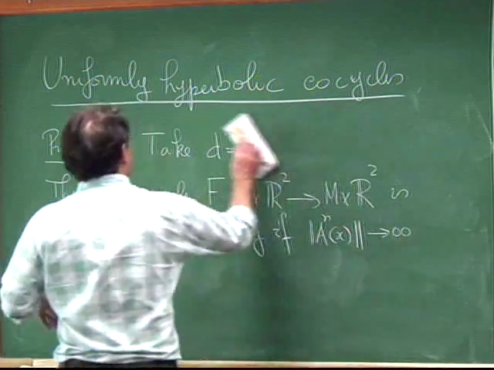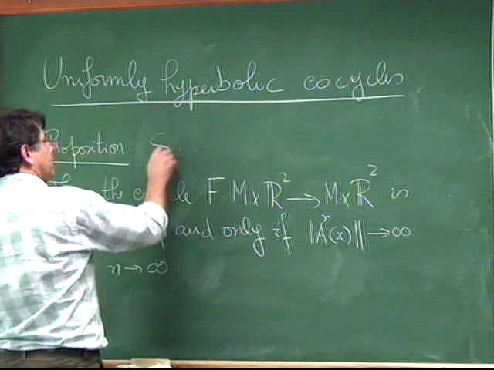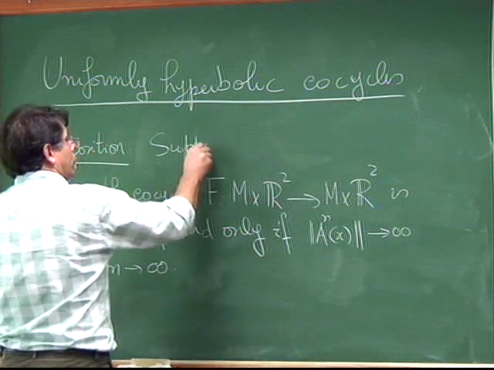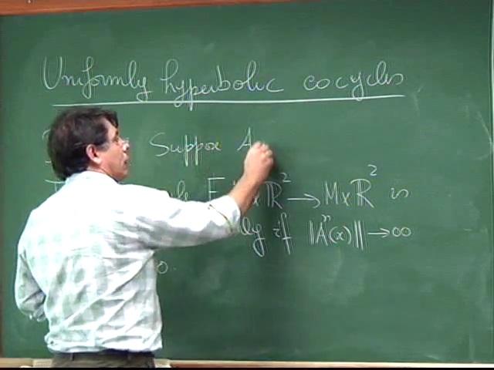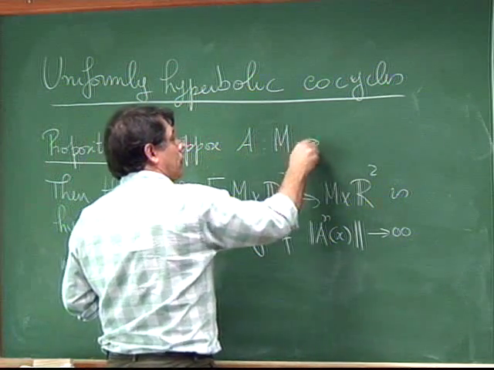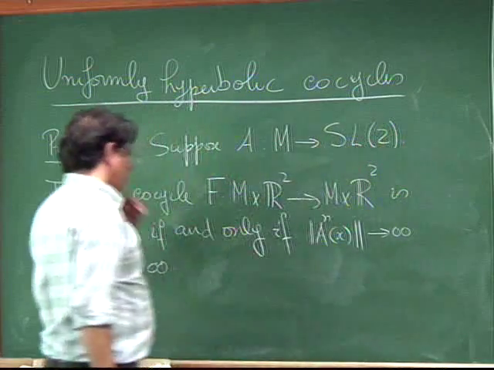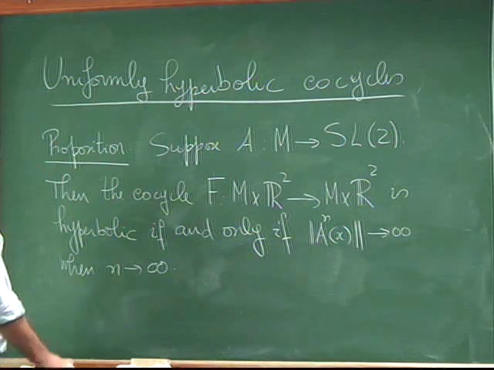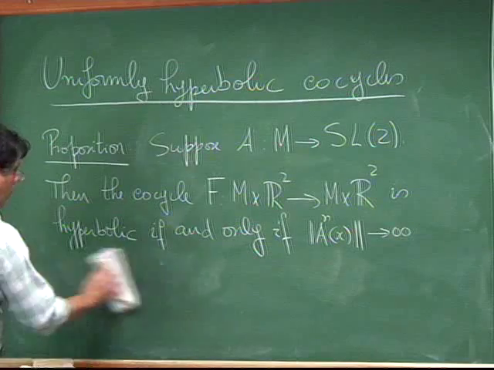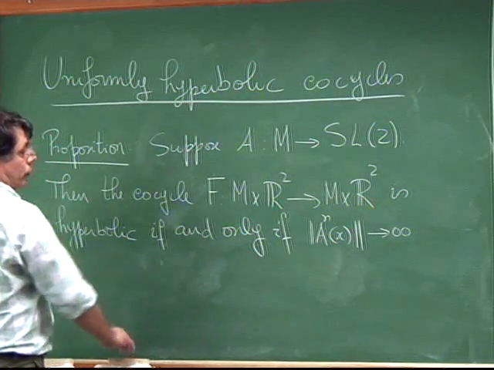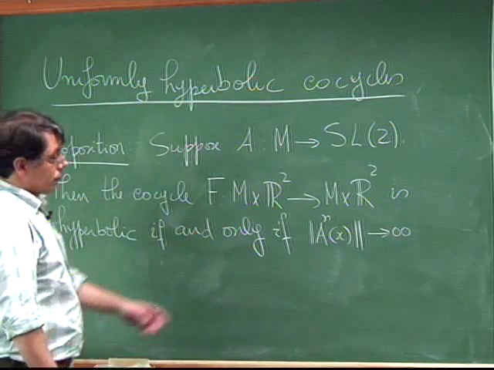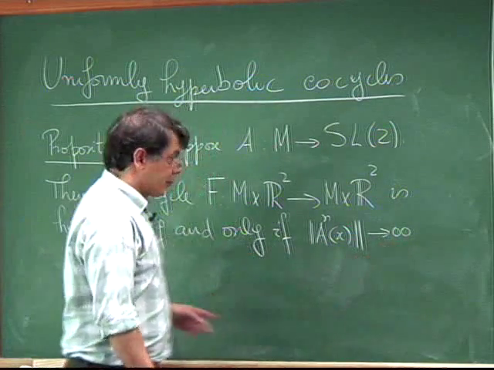So suppose A goes from M to SL(2), so 2 by 2, but I also want the determinant to be 1. And then I want to say that A^n goes to infinity exponentially fast.